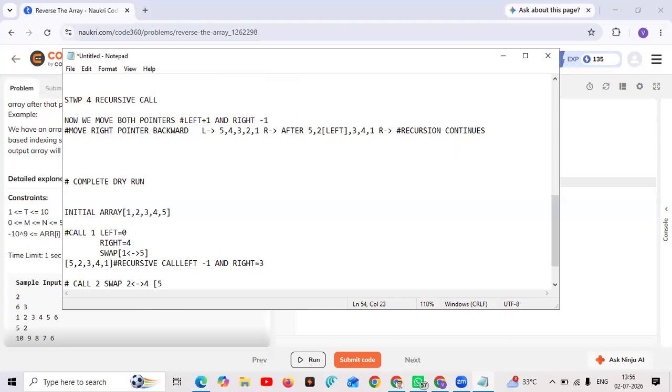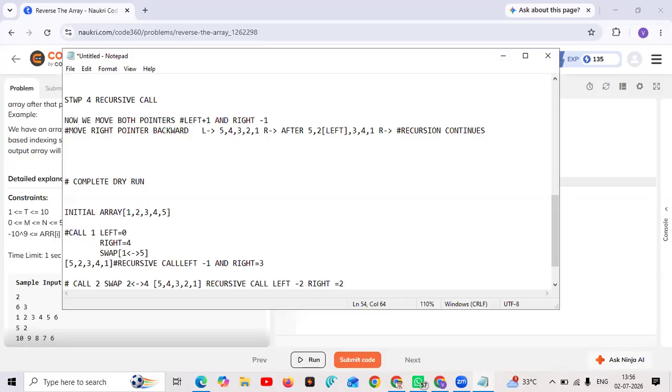Swapping 2 with 4 gives us 5, 4, 3, 2, 1. Now again a recursive call, where left is equal to 2 and right is equal to 2.